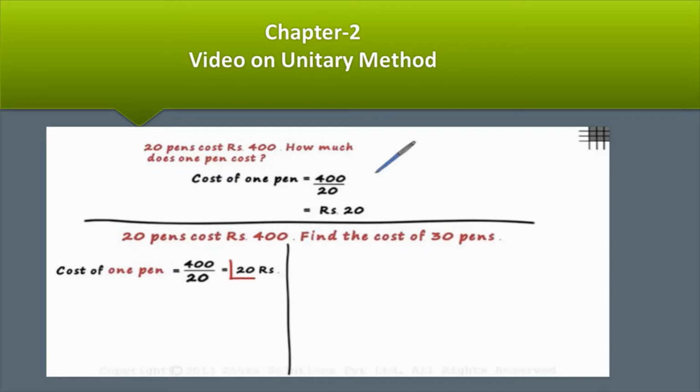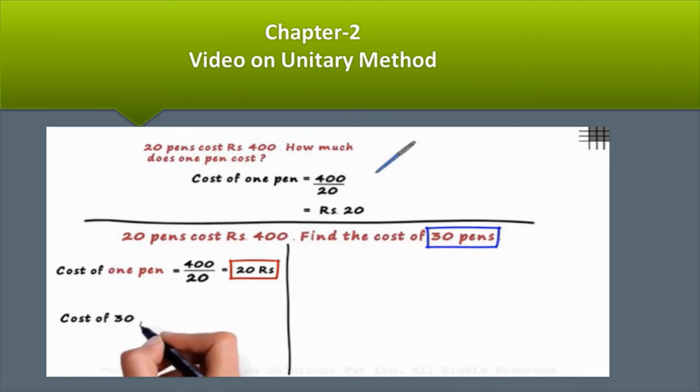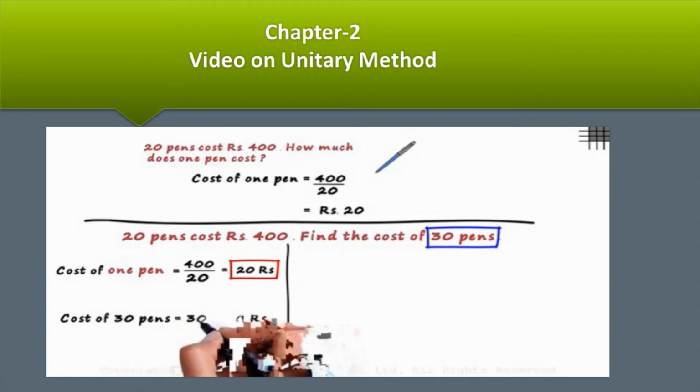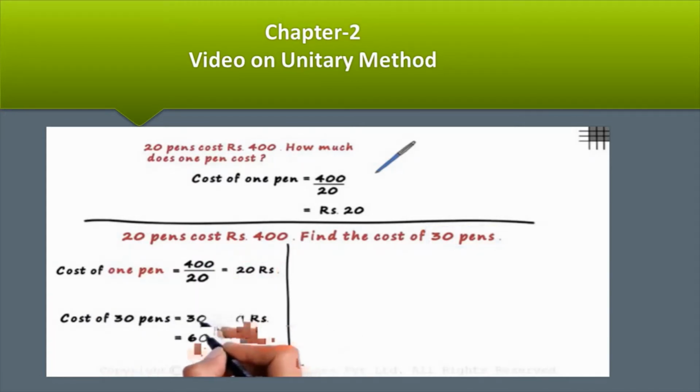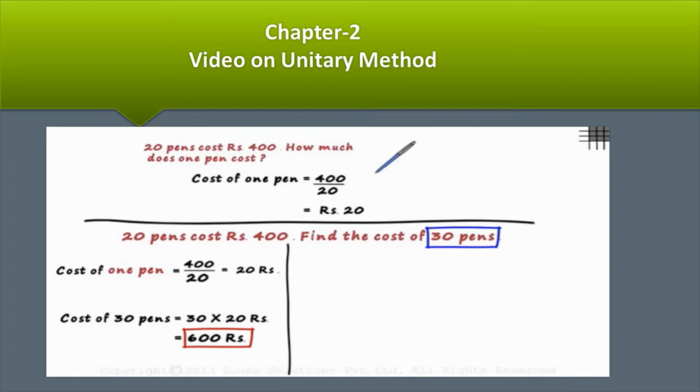You have the cost of 1 pen. What will be the cost of 30 pens? It's simple. It will be 30 multiplied by the cost of 1 pen. So cost of 30 pens is 30 multiplied by 20 rupees, which equals 600 rupees. It was as simple as that. So 30 pens cost 600 rupees.